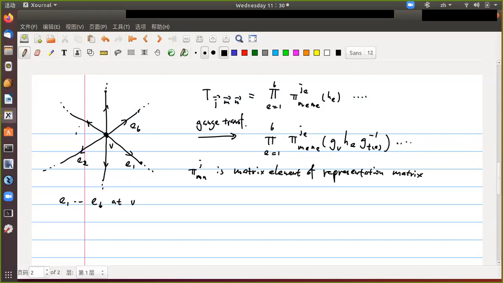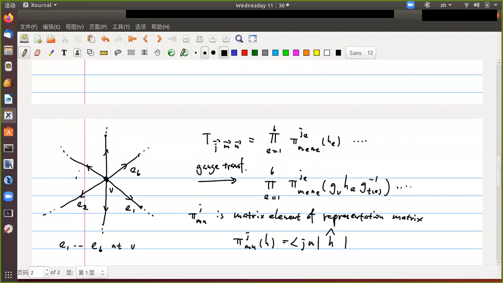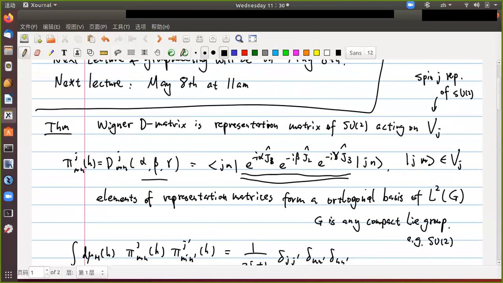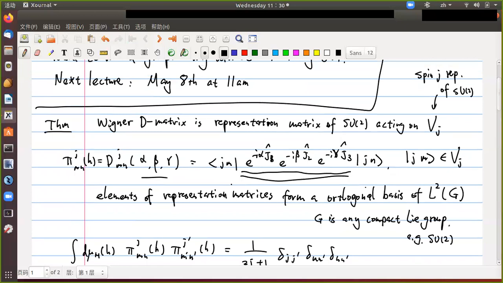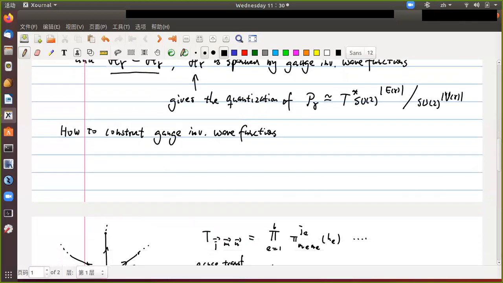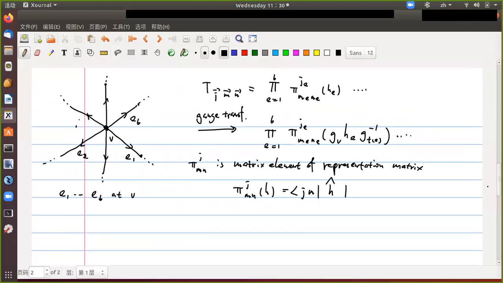Sometimes I just write a simplified version of this equation by considering this quantity as h hat, which is the operator representing h.